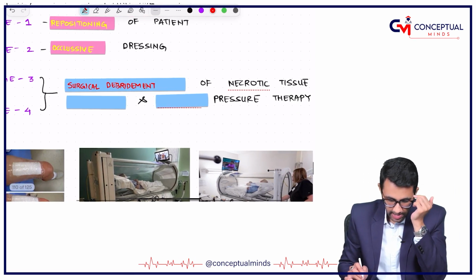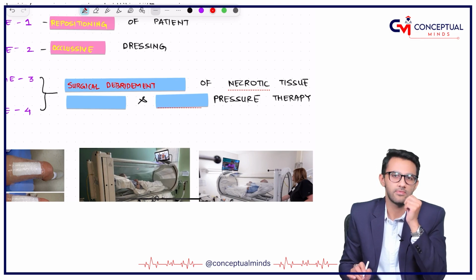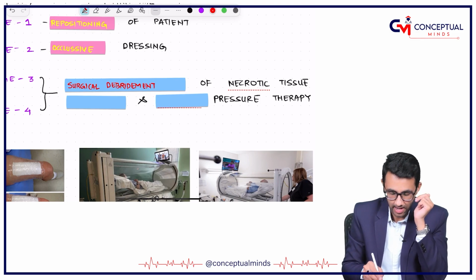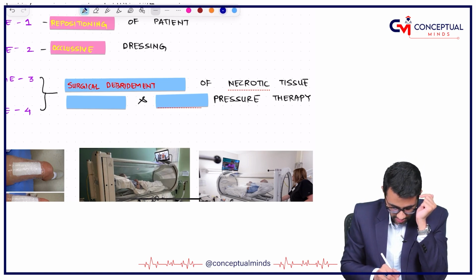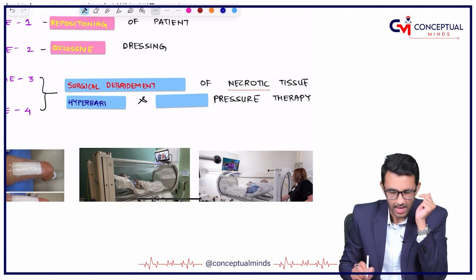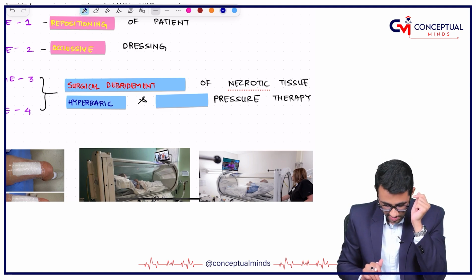Okay, and what two things are we supposed to know over here? That is the hyperbaric oxygen therapy. Okay, this is very important. We should know this, the hyperbaric oxygen therapy. Okay, let me just show you the image.